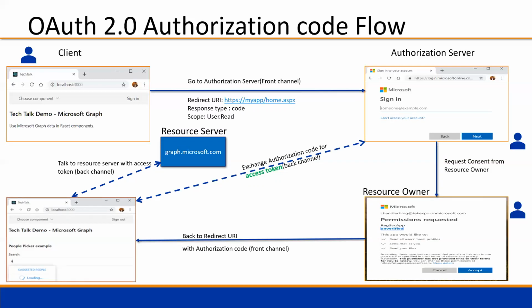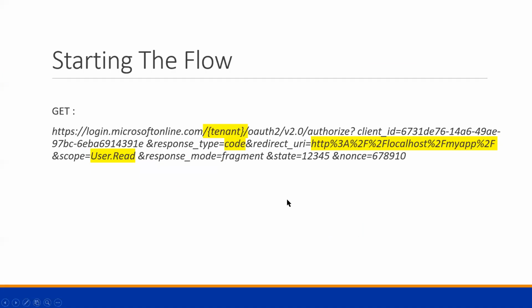This access is governed in the Azure app registration, where an app registration is done and you grant certain permissions. The resource server verifies that permission, and once those permissions are verified, it responds back with the needed resources, say, for example, emails or files. Okay, so let me show you that in action.